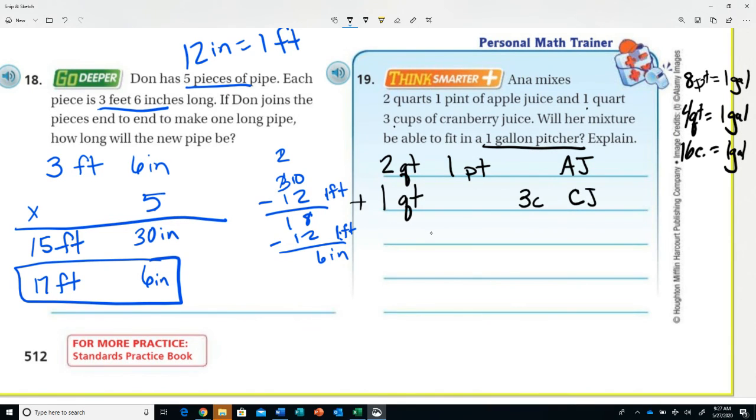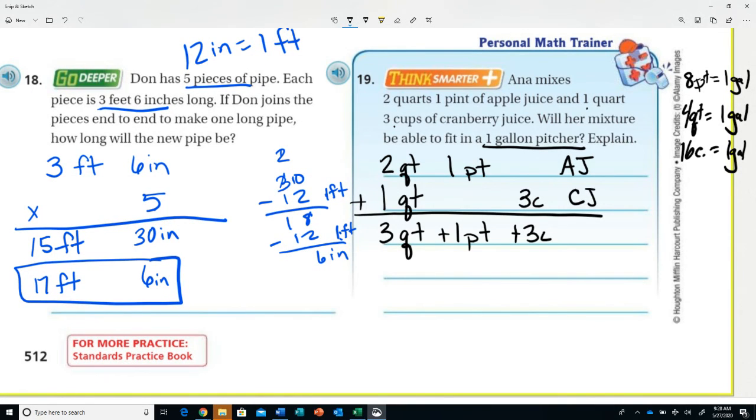And I want to know, will this equal more than 1 gallon? All right. So the first thing I'm going to do is combine what I can combine. I now have 3 quarts plus 1 pint plus 3 cups. And that's all the juice put together.